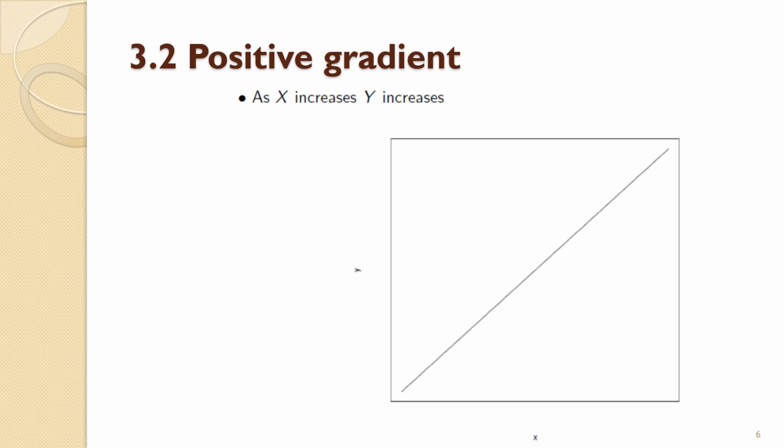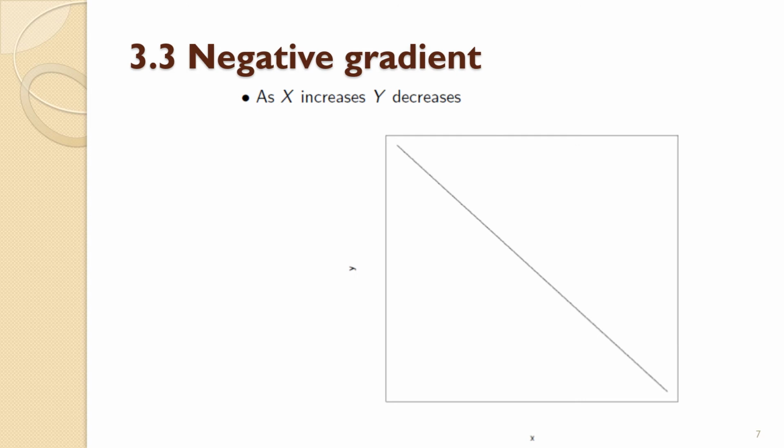Now, the idea is that if you have this sort of picture happening, the t statistic would be significant and the estimated coefficient would be positive. So the maths involved just gives you a different way of drawing the same graph. So a negative gradient, very simply, means as x increases, y decreases.